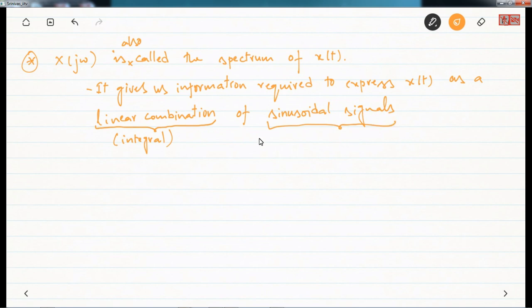But why am I calling them sinusoidal signals? Because e power j omega t is nothing but cos omega t plus j sin omega t at different frequencies.